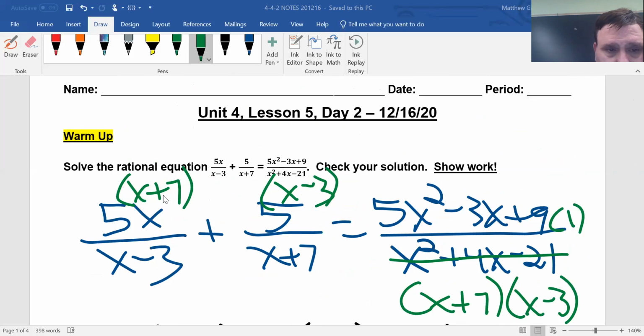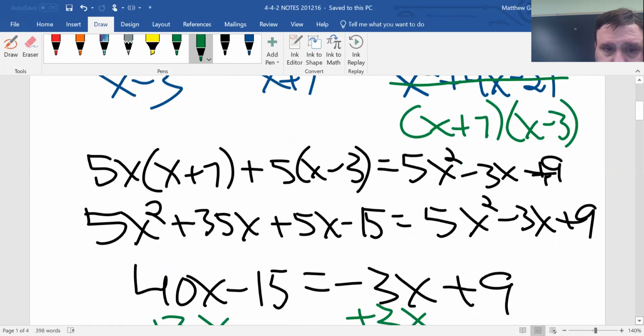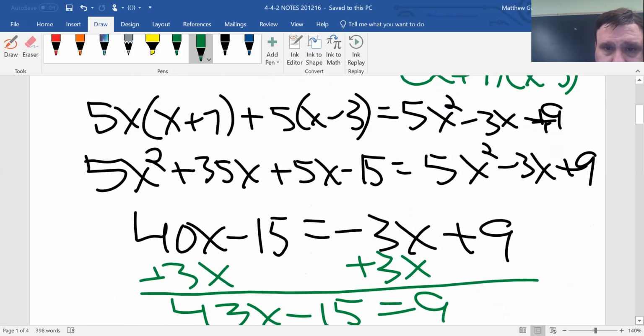So we're going to multiply 5x by x plus 7 because it already contains x minus 3, and we're going to multiply 5 by x minus 3 because it already contains x plus 7. So 5 times x plus 7 plus 5 times x minus 3 equals 5x squared minus 3x plus 9, and we're just going to solve for x.